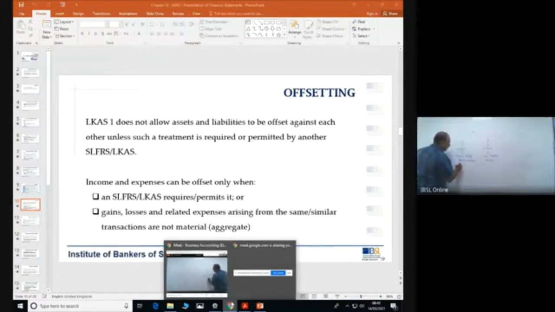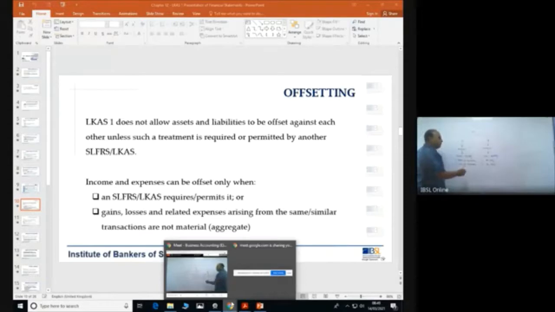Then another line, loss on disposal. Right? What this means is, you don't have to do this.